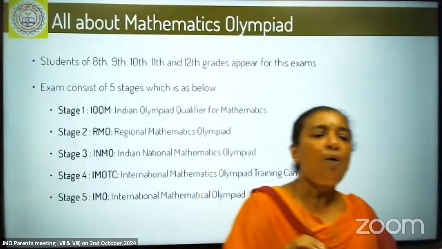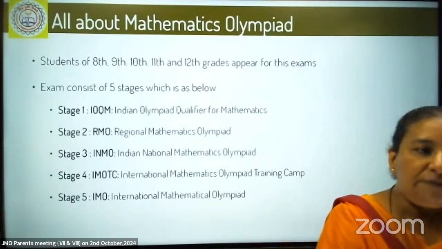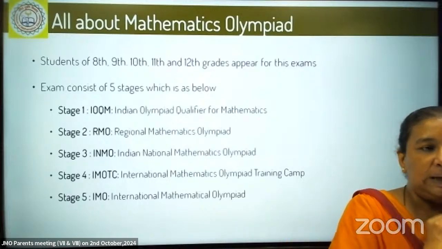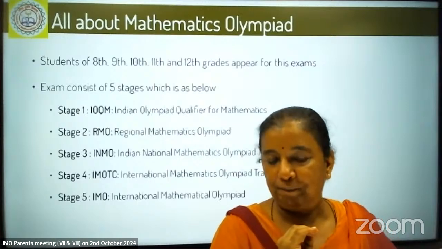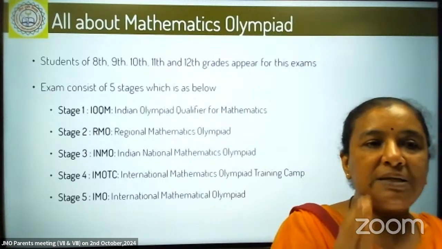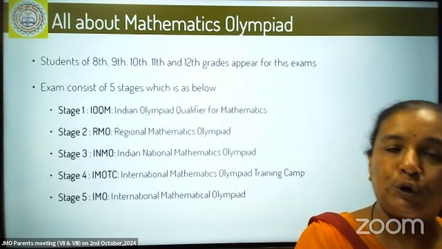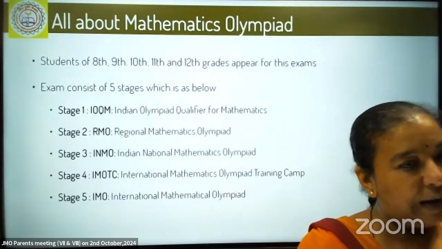Now, why are these exams so tough? If I talk about the Mumbai division, the IOQM exam is of 100 marks. Some questions are for 2 marks, some are for 3 marks, and some are for 5 marks.